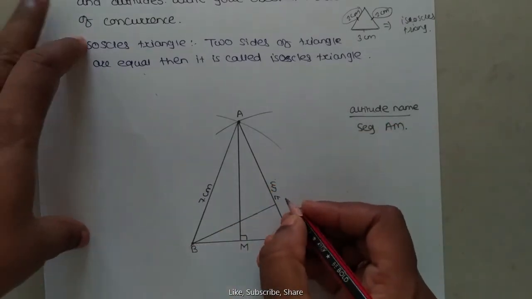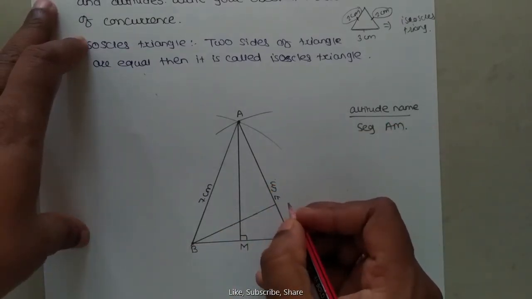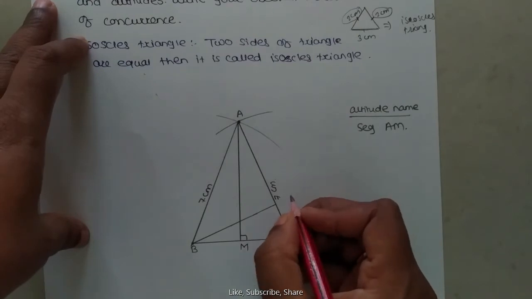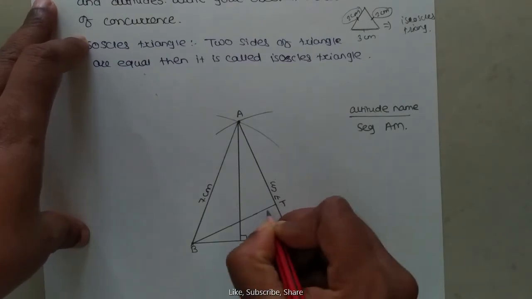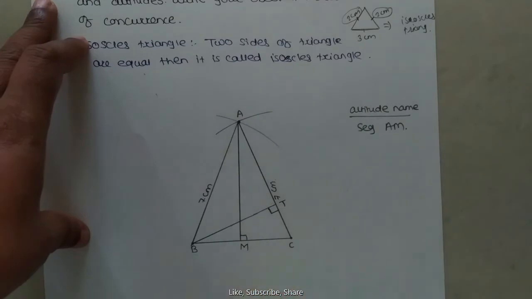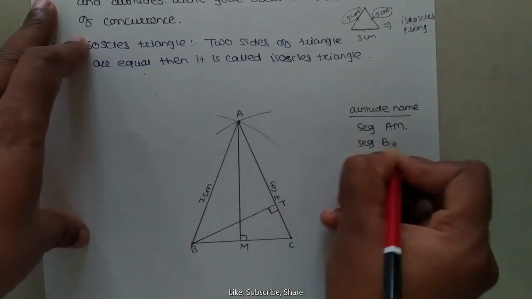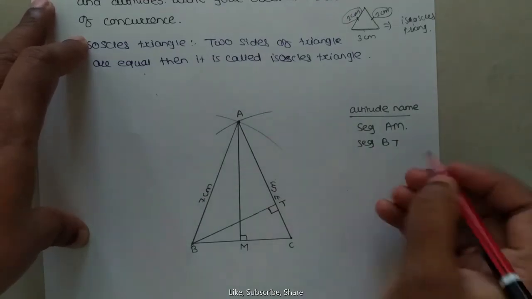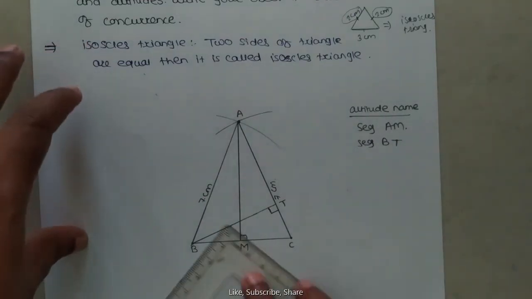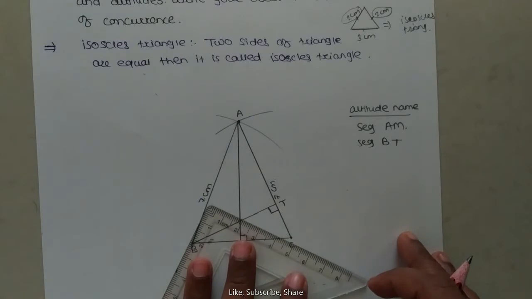Suppose this is N. Suppose this is T. So which one is the altitude? Segment BT. Clear? Segment BT. Now next, for this one.